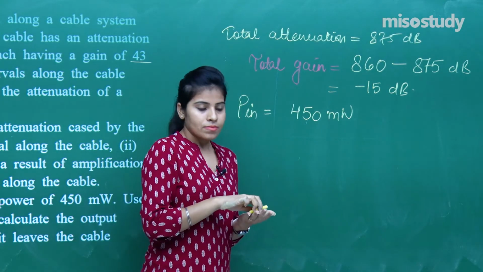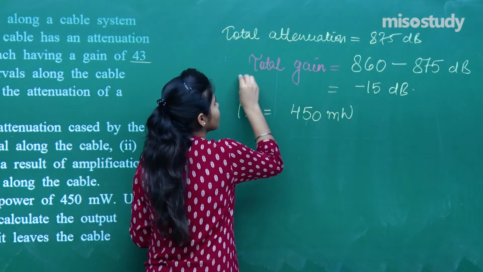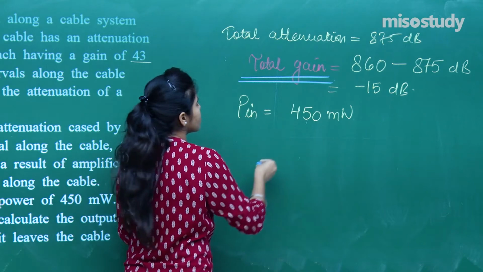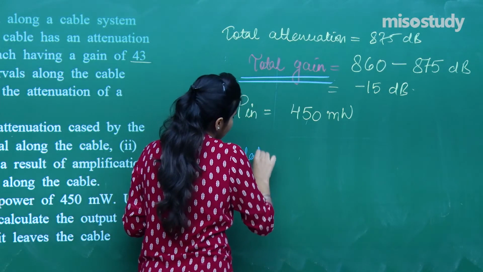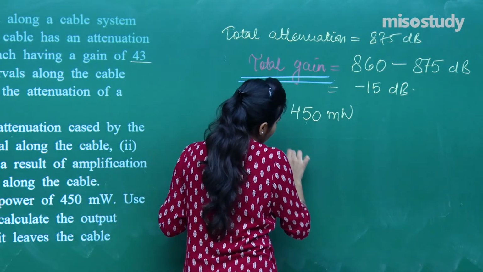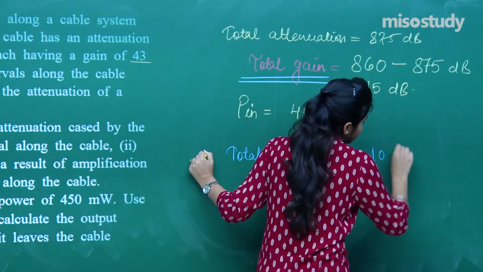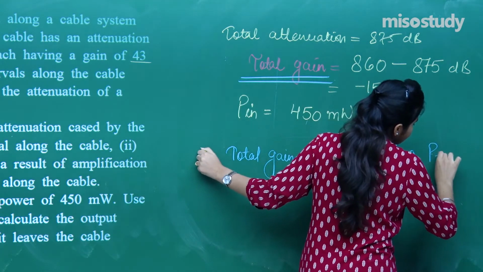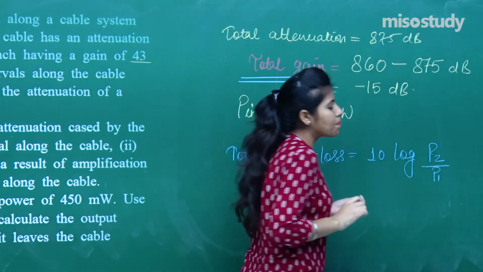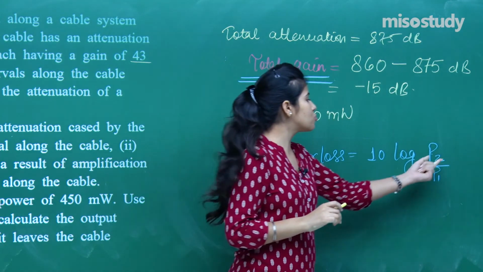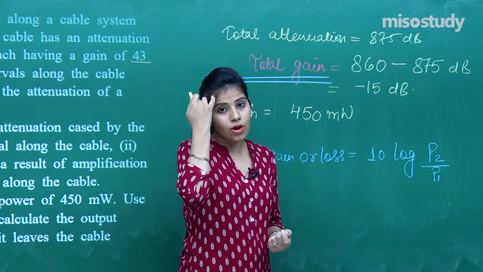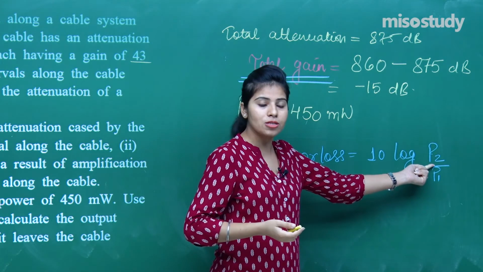The formula is: total gain or loss equals 10 log P2 upon P1, where P1 is your power input, P2 is your power output. So, you have to find the power output, that means P2.